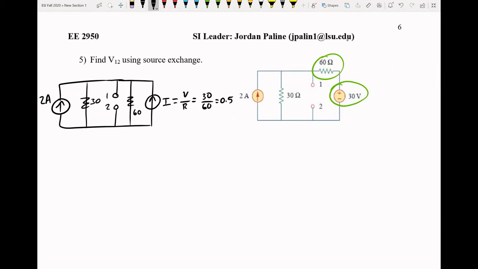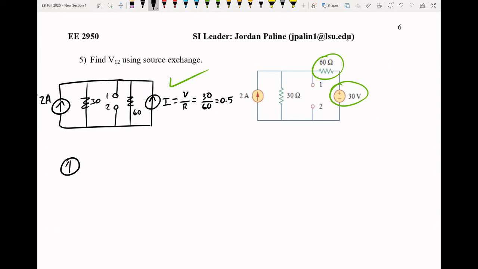Okay, and if we look at these branches now, we see that 1, 2, 3, 4, and 5 are all in parallel with each other, which is really good for us, which means that we can go ahead and add the two current sources together and create one more circuit. So we can do this.